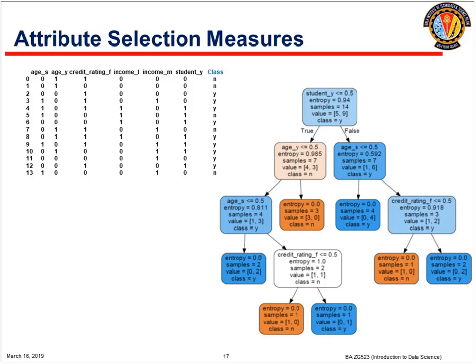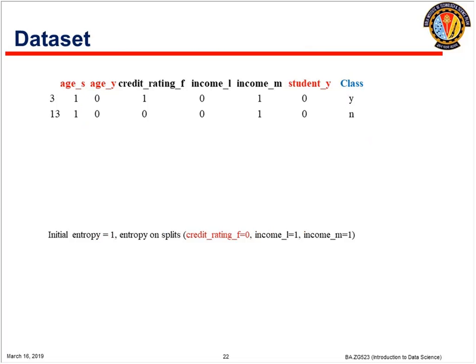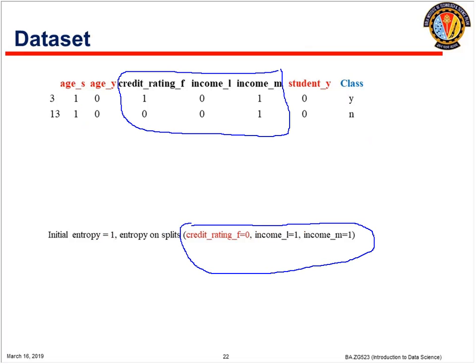On the other hand, let's take the right hand side, when age_s is not 0. Again you have to continue for the remaining attributes. When age_s is 1, you have 3 remaining attributes, and only one of them has to be selected, the one with the minimum entropy.